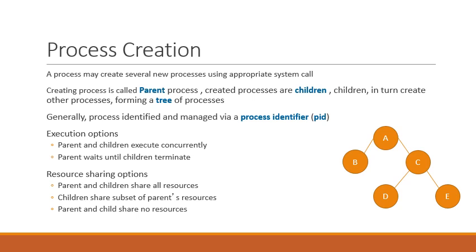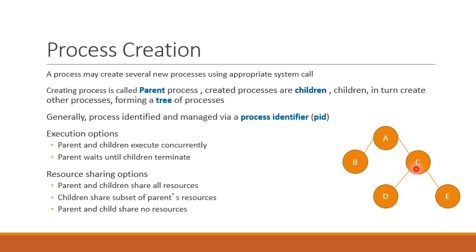For example, as you can see in this figure, process A has created two new processes, process B and process C. Now A is the parent process and the children of this process are B and C.